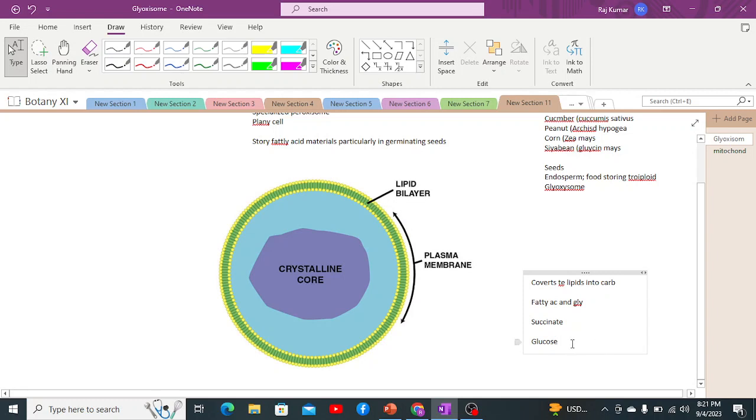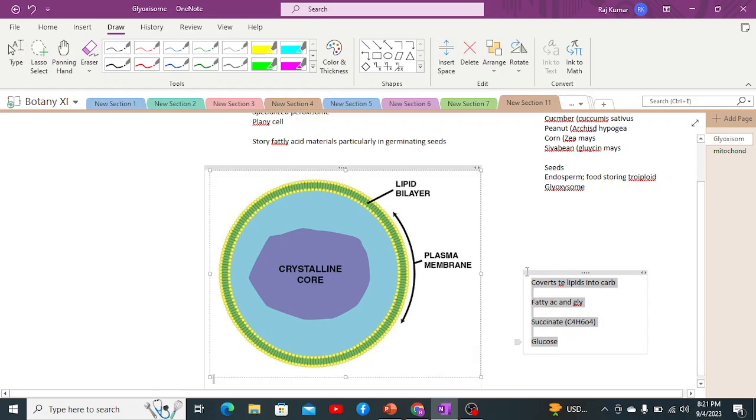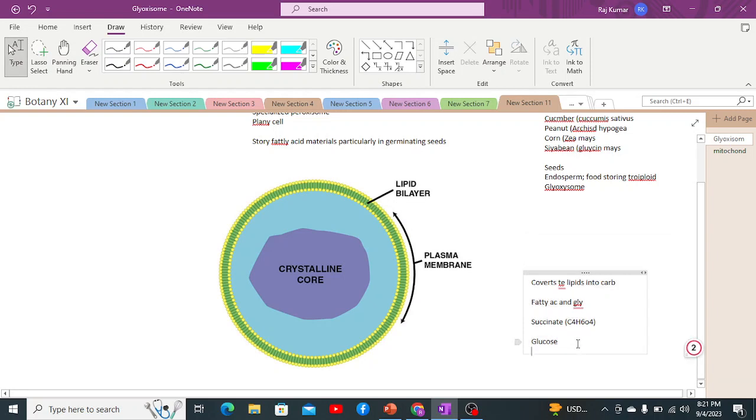Now, succinate is not part of a carbohydrate. It is a sugar, but this complete process of making glucose was based on the conversion of non-carbohydrate compound into carbohydrate compound.